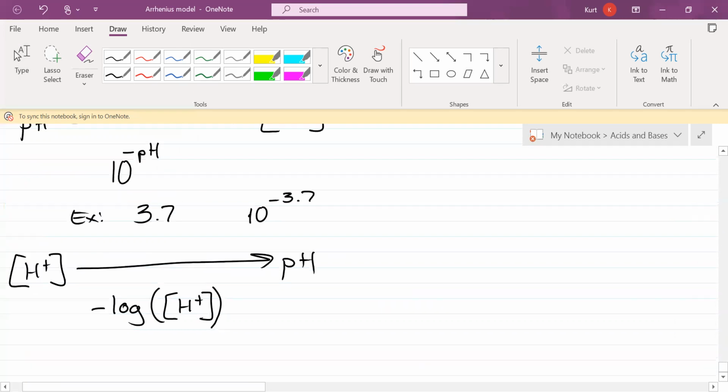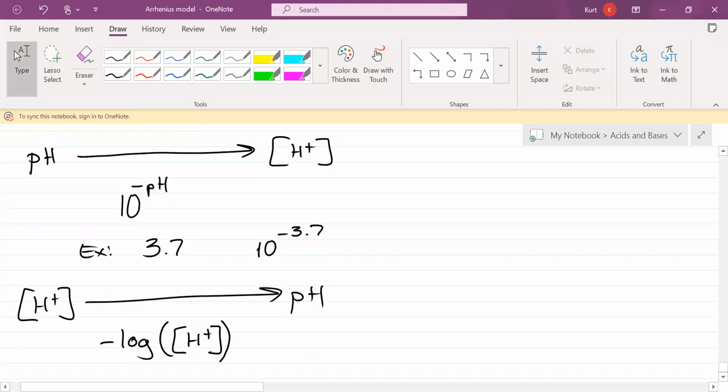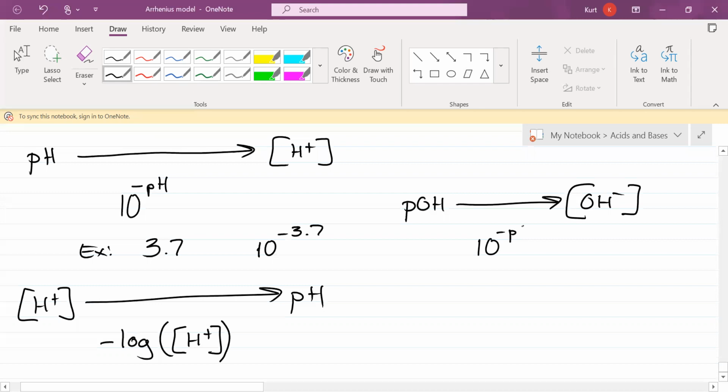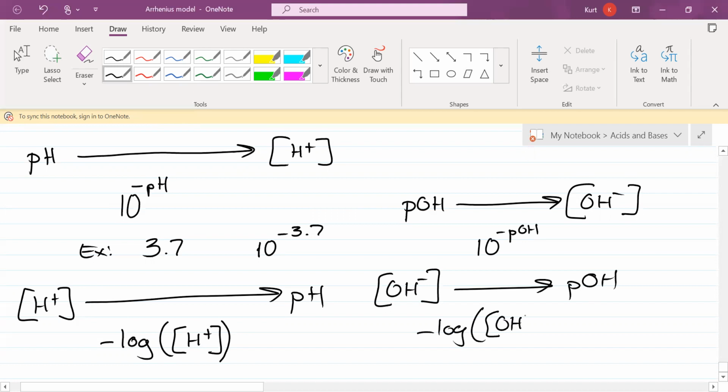Now, you do the same type of math when you're going from pOH to hydroxide ion concentration. If you went from pOH to hydroxide ion concentration, you would do 10 to the negative pOH. And if you were doing hydroxide ion concentration to pOH, you would do negative log, open parenthesis, hydroxide ion concentration, close parenthesis.